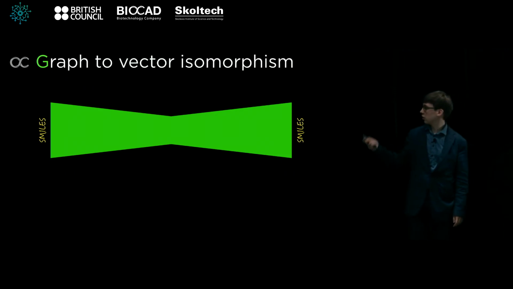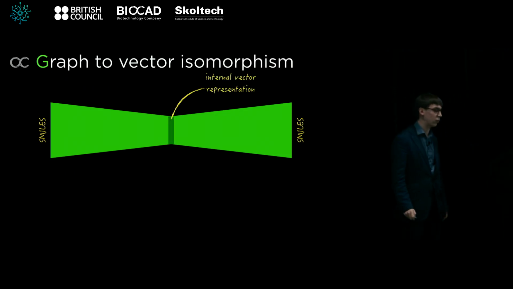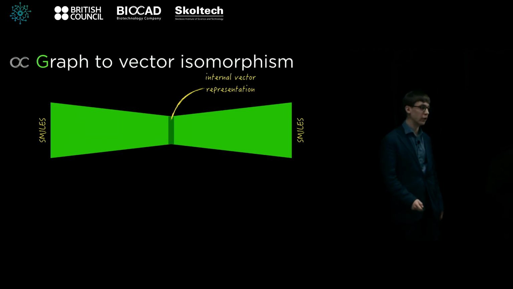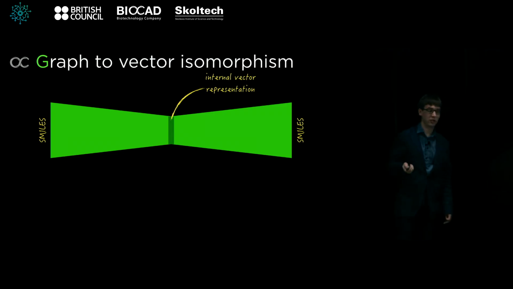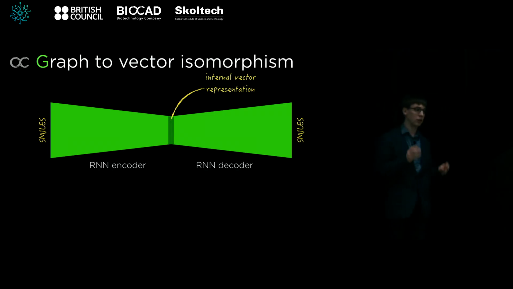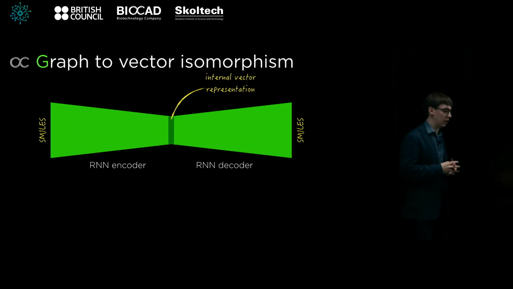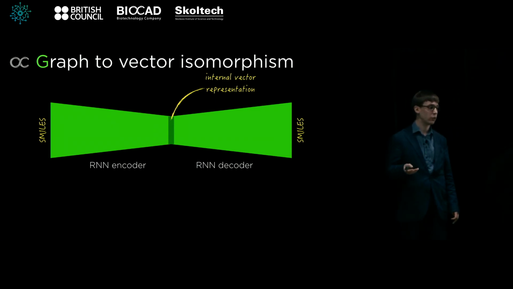And in the center of this model we have a vector that represents our molecular graph, and as we have an autoencoder, our SMILES representation can be fully encoded to this internal vector, and the molecule can be restored from this vector without any additional information.